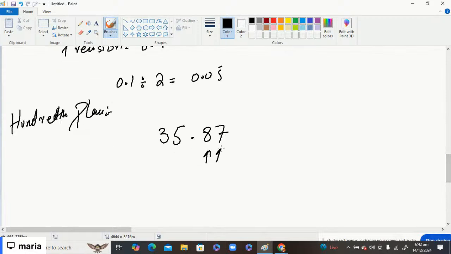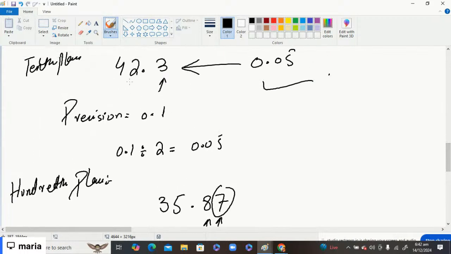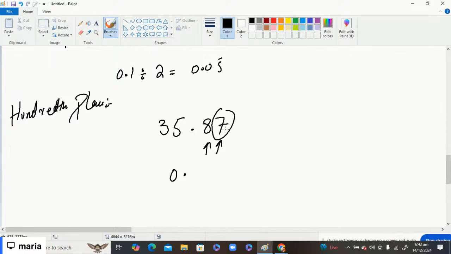You are going to involve the hundredth place. Here the precision is 0.01, divided by 2, and you can see the greatest possible error is 0.005.